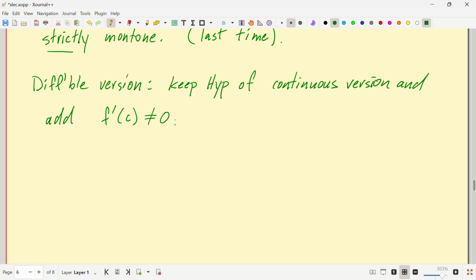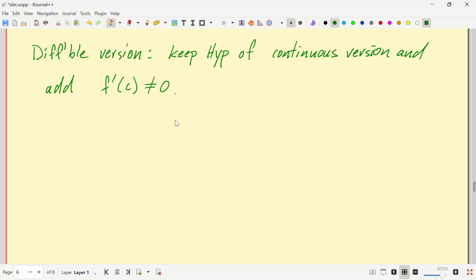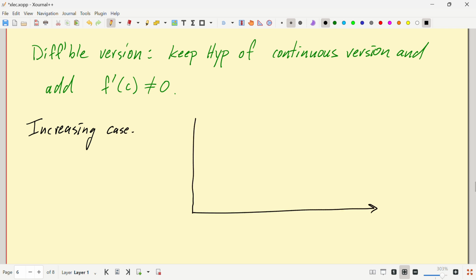Okay, so let me draw a picture. Since I'm running out of time, let's do the increasing case. Okay, so the increasing case, you make it kind of look like an S if you like.